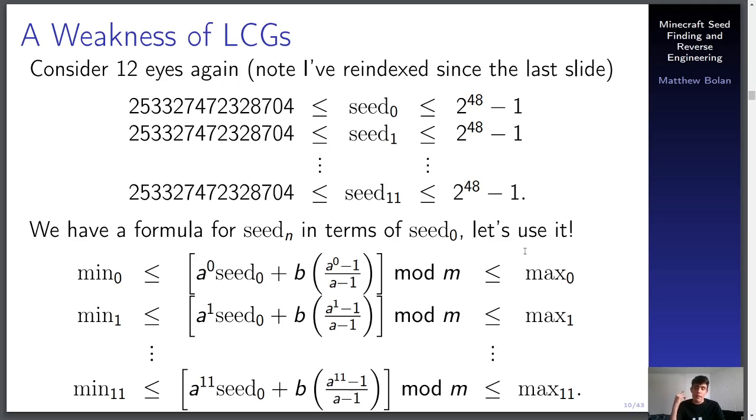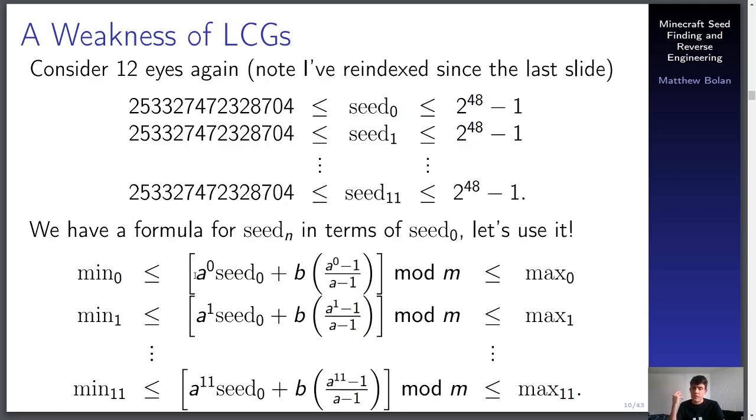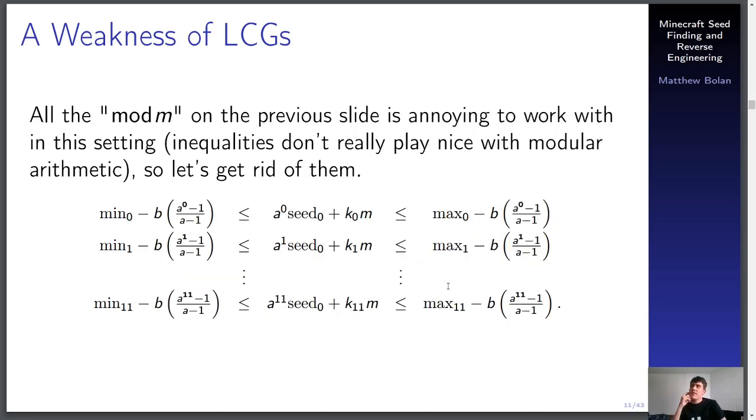We now have all of these inequalities in terms of seed 0 alone, but there's something a little awkward here, which is this mod m. Mod m doesn't play too nicely with inequalities. In fact, it's a little bit illegal to write inequalities like I've done here with a mod m in between.